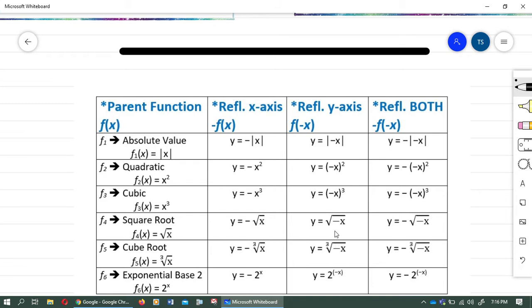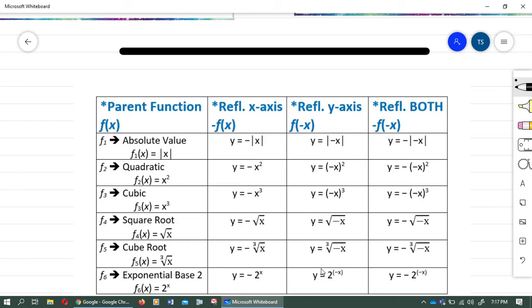And then with the square root, they've got the negative inside the function with the x, and with the radical, you know that negative is inside the function because it is up under the radical with the x.